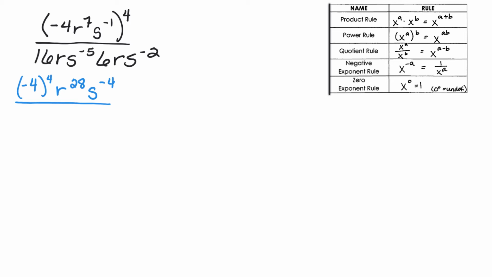Now in the denominator, I'm going to put my numbers together and my variables together. So I'm going to continue to simplify here in the denominator. I'm going to be using the product rule for the r and the s.